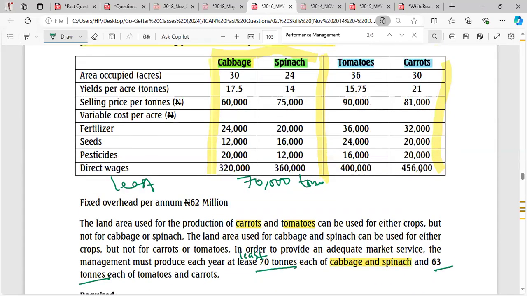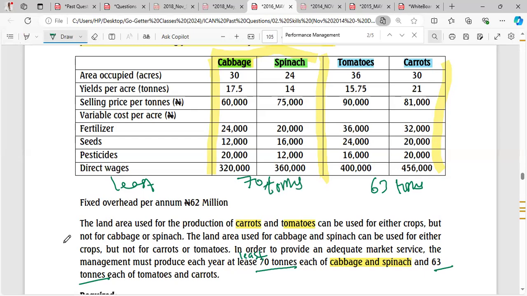So I'll put 63 tons here. So 63 and 70 tons, I'll just make this one tons.